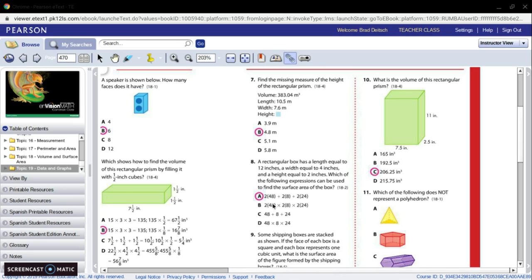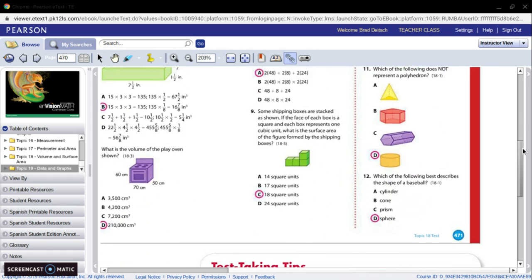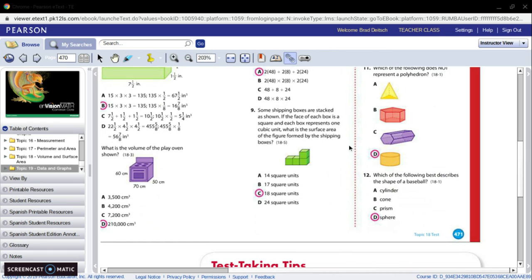So 48 is 2 times the length times the width, and then they got 2 times 8 by 2 times the width times the height, and they got 2 times 24 by doing 2 times 2 times 12. So they used that formula that I taught you guys earlier for the surface area of a rectangular prism.